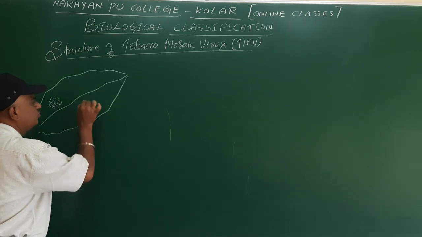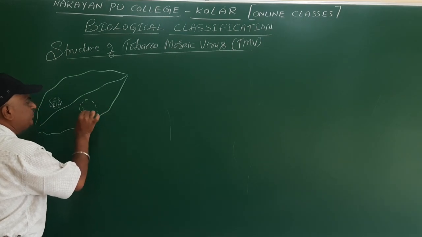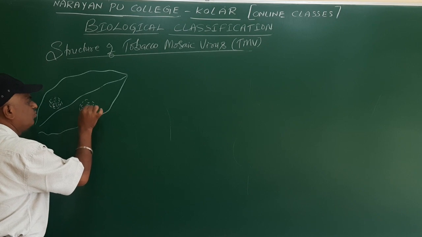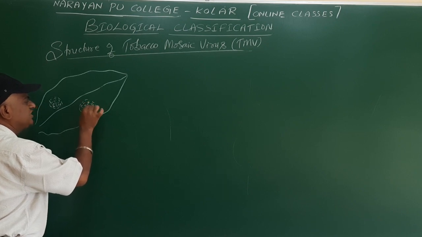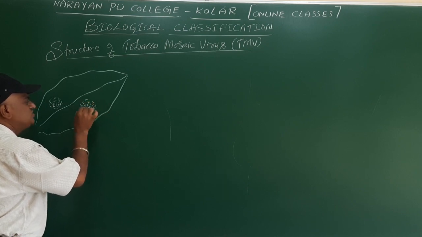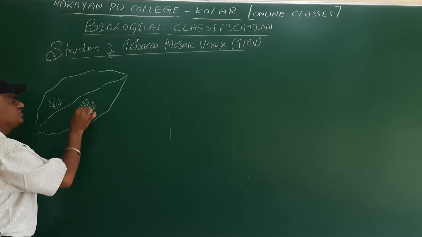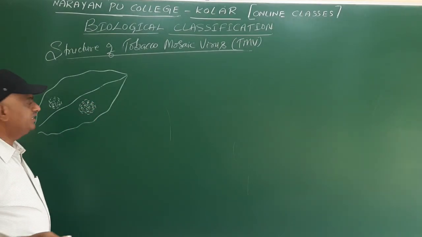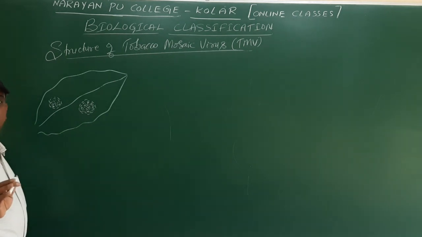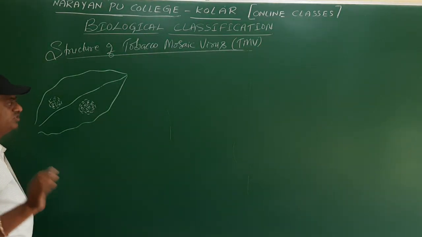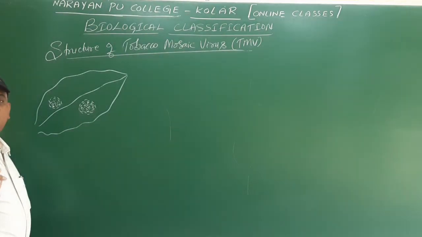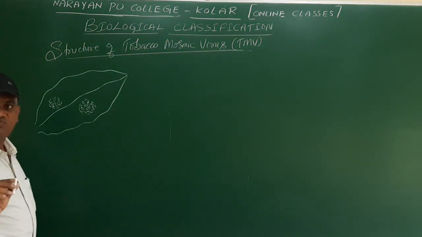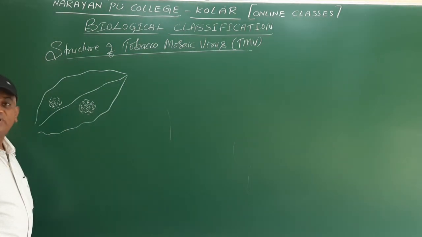On the tobacco there is a presence of white patches or powder-like structures. Once white patches are present on the leaf, photosynthesis is not there in these areas, so it leads to loss of chlorophyll. Loss of chlorophyll is called chlorosis.